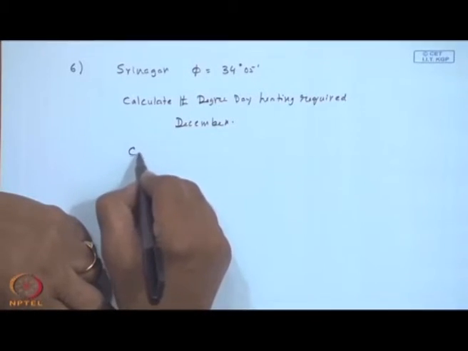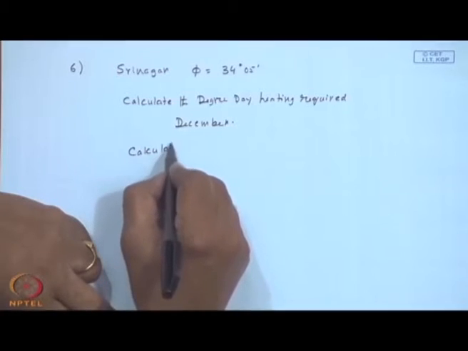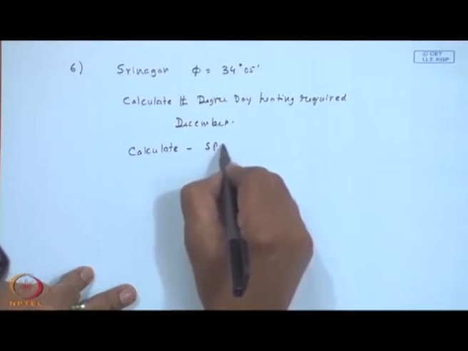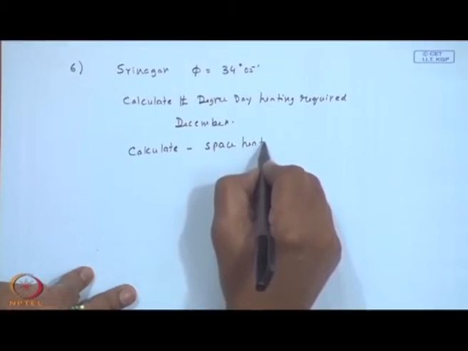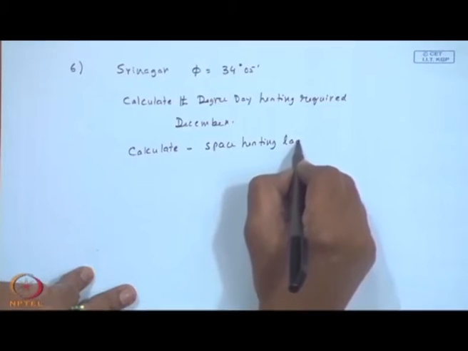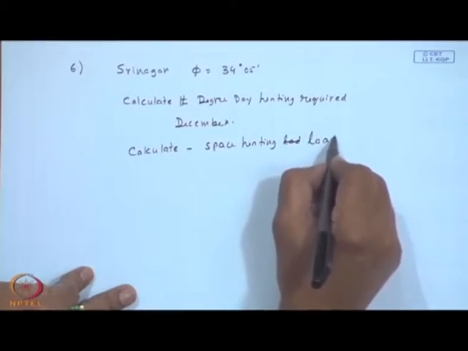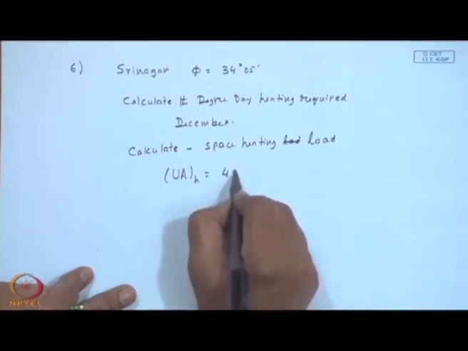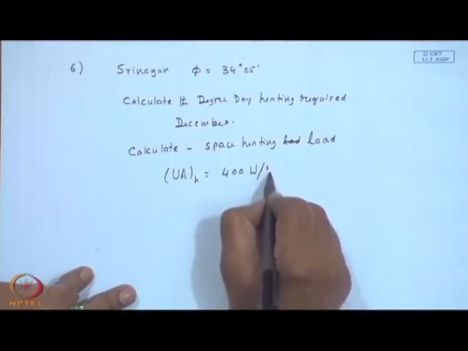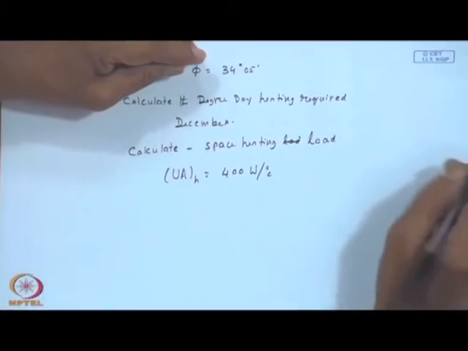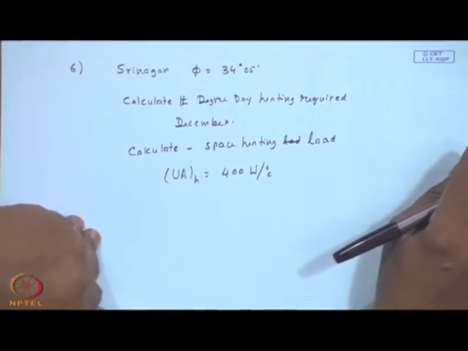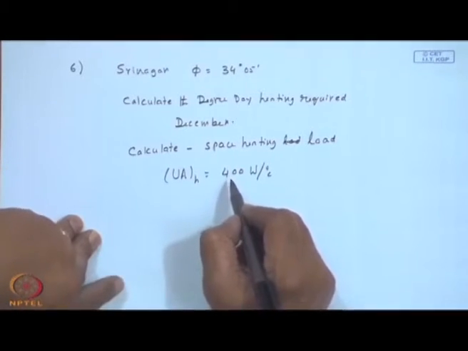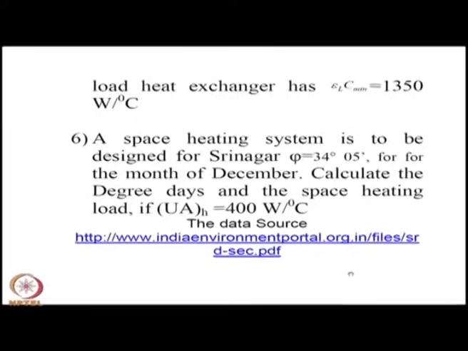And then calculate your space heating load, with a building heat loss coefficient of 400 watts per degree C. Something like 200 to 600 depending upon the dwelling size is a reasonable number, and it may be a medium or a small one with lots of leakages. So, this is what we shall do.